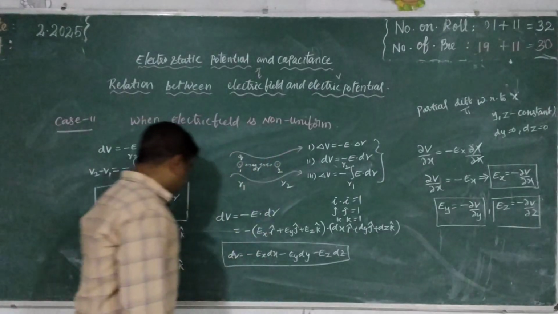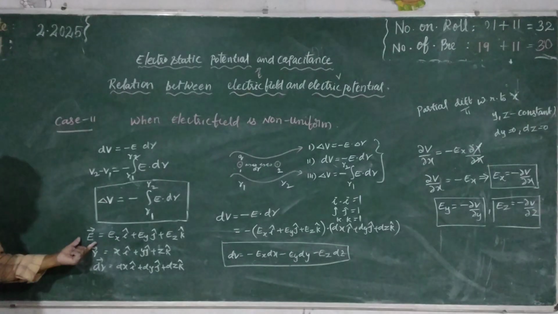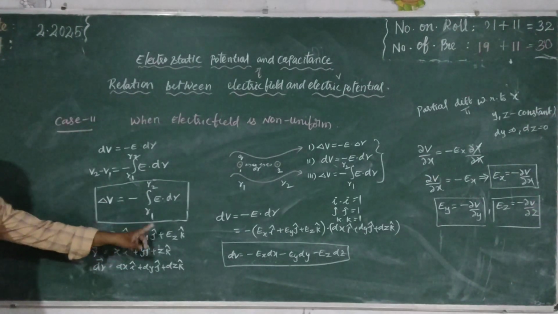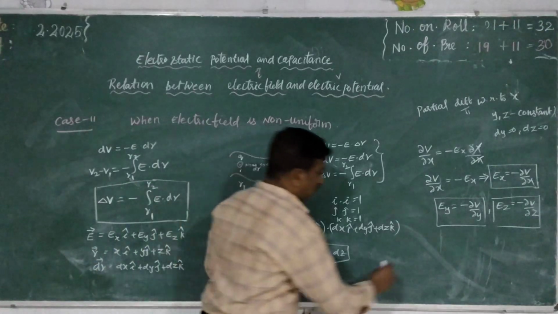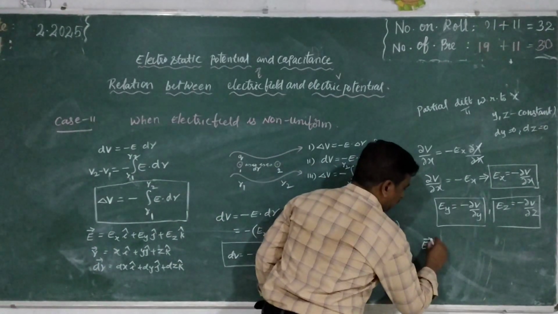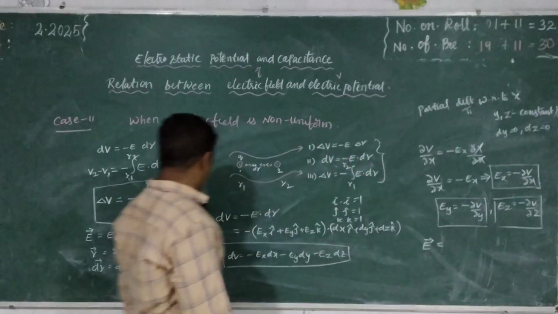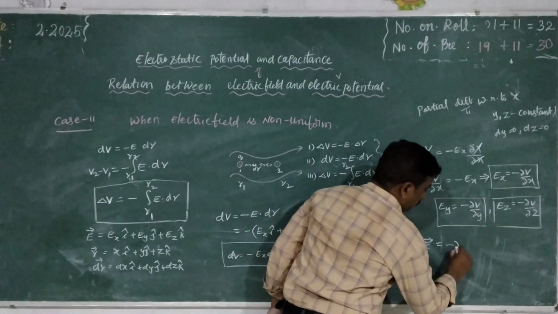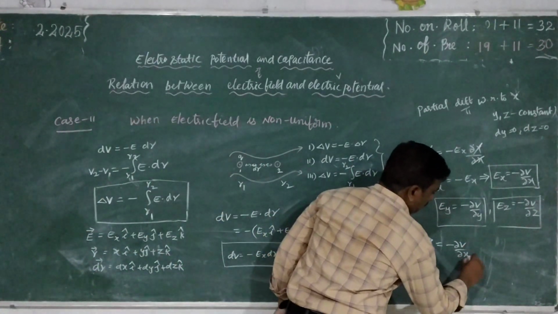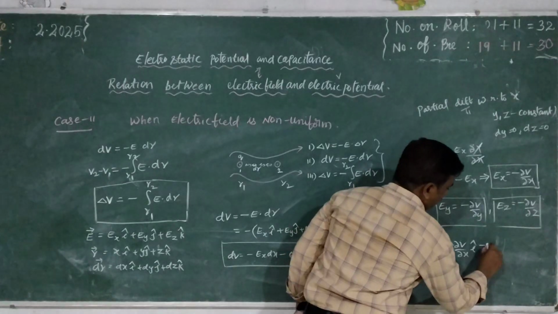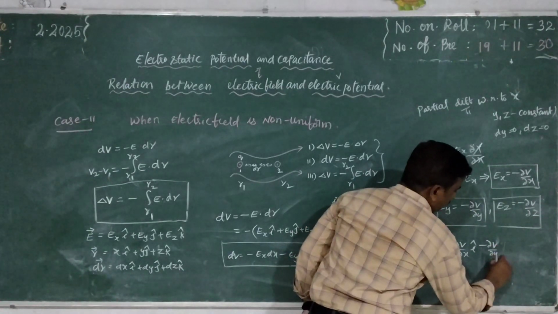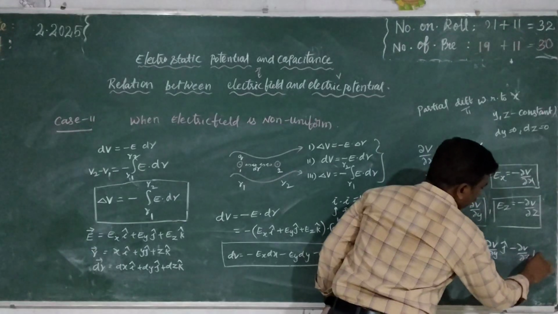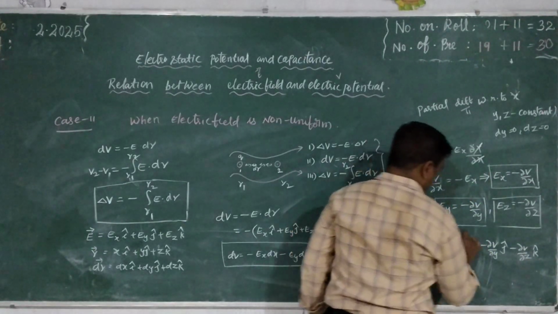See here actually what we have, electric field E equal to Ex i cap, Ey j cap, Ez k cap. Instead of this we can write electric field in Cartesian form. See, instead of Ex we can write this one: minus dou V by dou x i cap minus dou V by dou y j cap minus dou V by dou z k cap. It is the electric field.